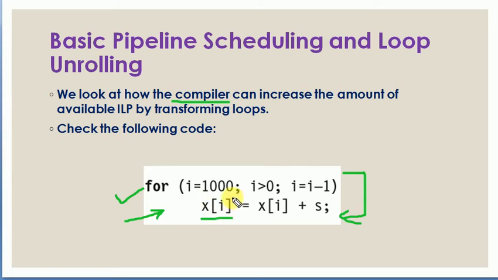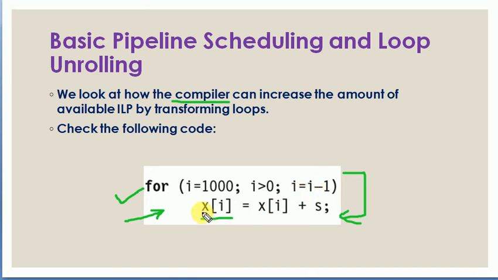That means all the instructions present in this loop are independent. For each iteration we have an independent statement to be modified, so one array index to be modified will not depend on some other memory location.